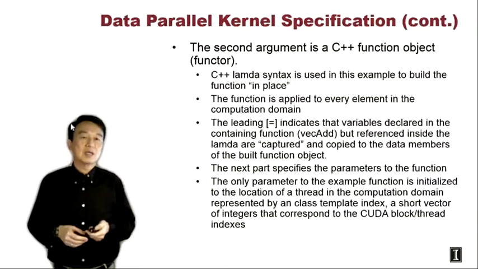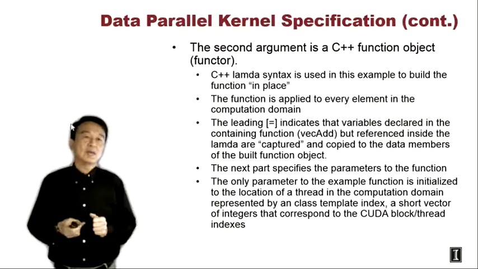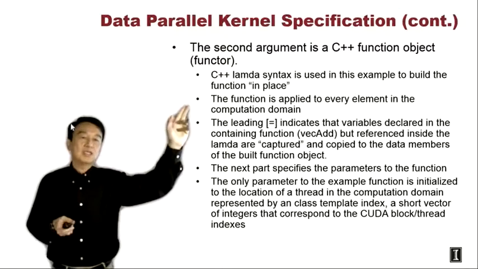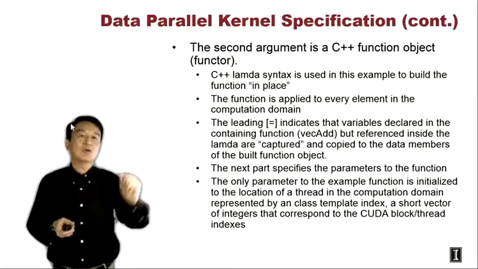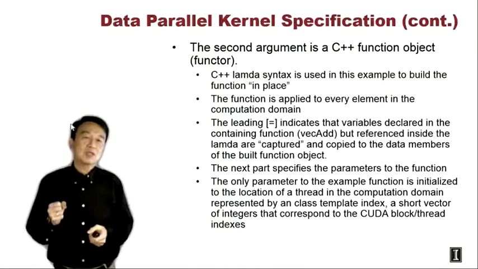Then the second argument for that parallel for all function is a C++ function object or functor. We could have an existing functor in this position, but for C++ AMP, there's a very convenient way for us to create that function in place.